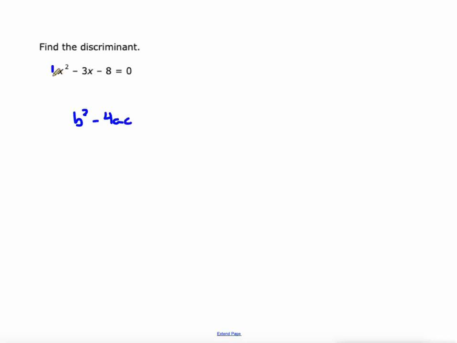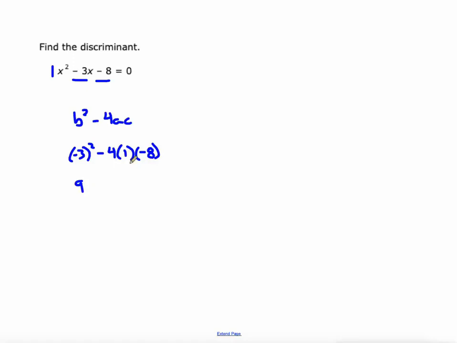A is 1, b is negative 3, c is negative 8. So we'll do negative 3 squared minus 4 times a, which is 1, times c, which is negative 8. Negative 3 squared is 9.